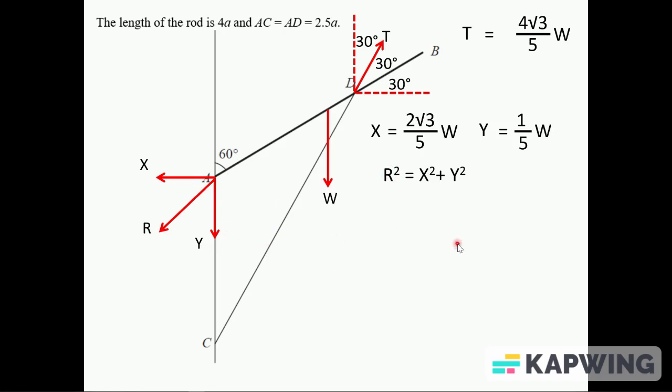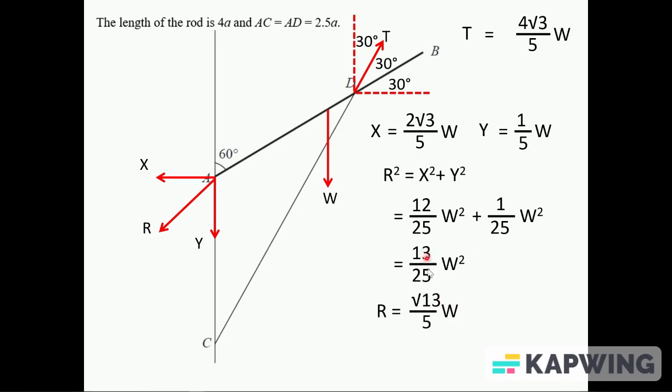So R squared is equal to X squared plus Y squared. This squared, that's 12 over 25 times W squared. This one is just 1 over 25 times W squared, giving me 13 over 25 times W squared. So R is root 13 over 5 times W.